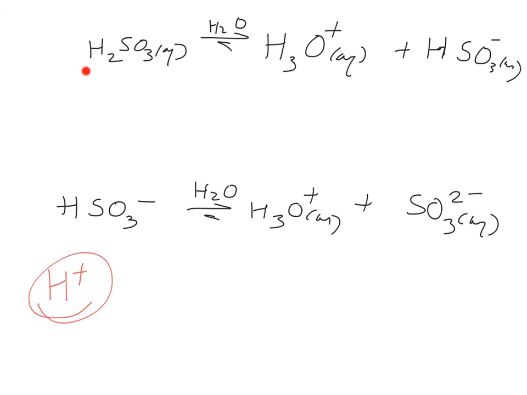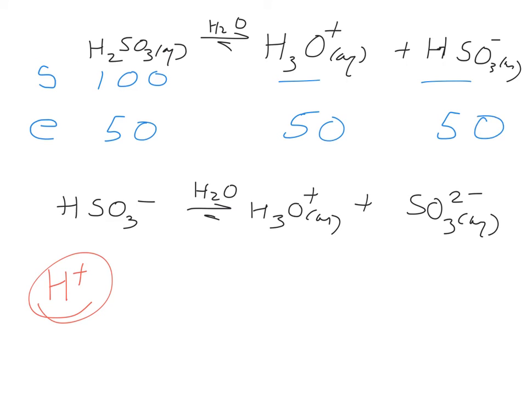Most polyprotic acids will fairly easily lose that first hydrogen. It'll be much more difficult for them, however, to lose the second hydrogen. If we start off the process with 100 molecules of sulfurous acid, then at our endpoint, or at our equilibrium, let's be generous here because sulfurous is fairly strong, 50% of them have broken up to form hydronium and the bisulfite ion.